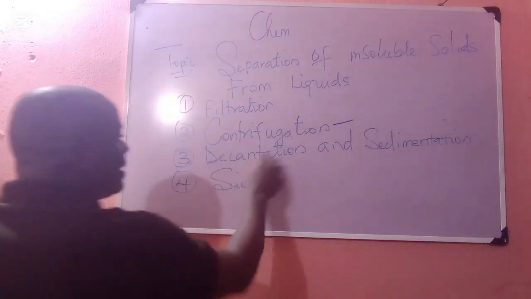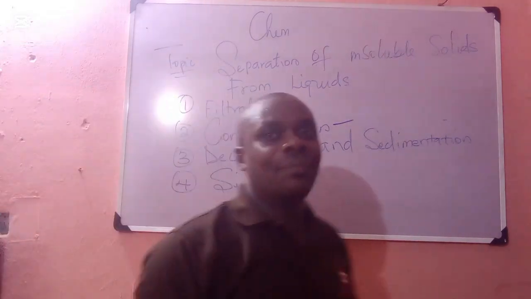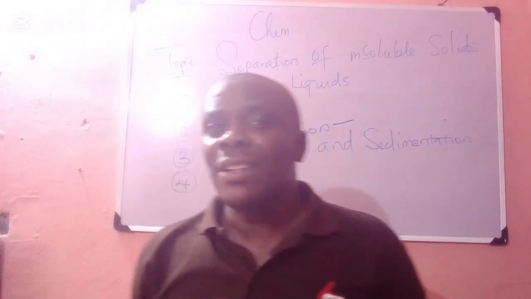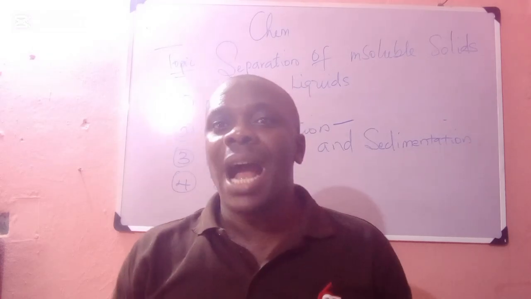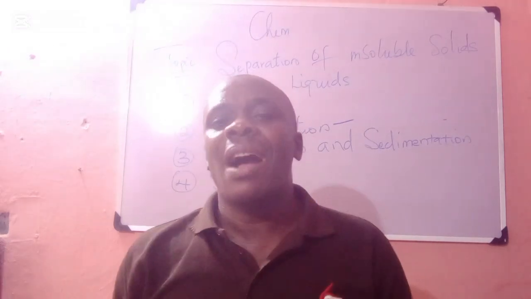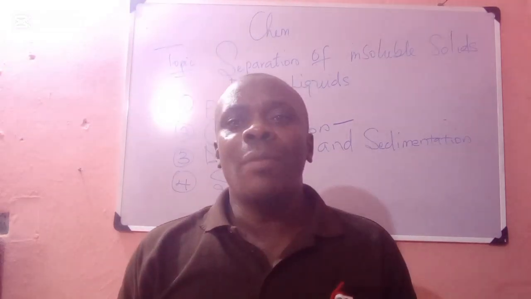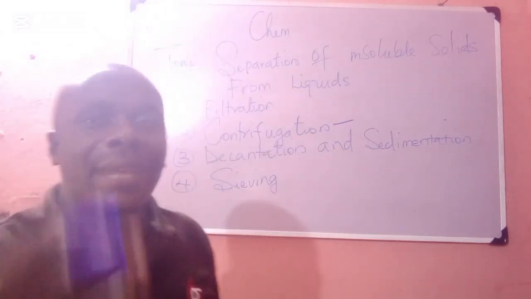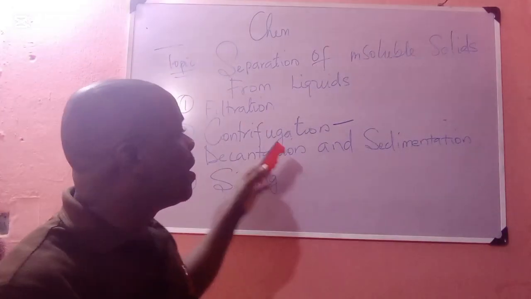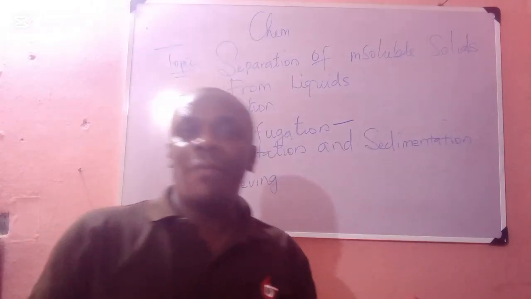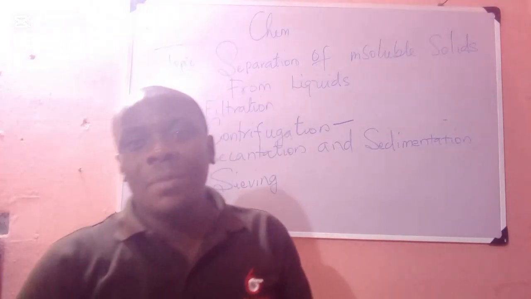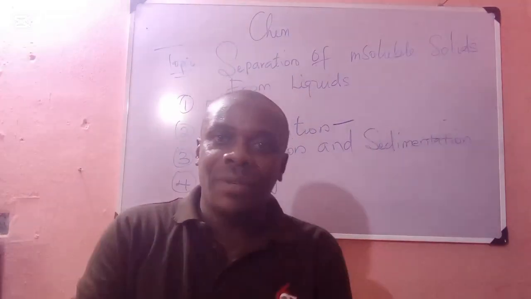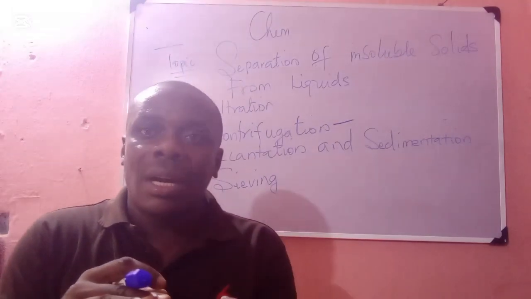Then another one is decantation and sedimentation. In the case of decantation, you have liquid and solid together. You allow them to stay for a period of time, you allow them to settle. After settling, you remove the liquid from the settled solid part.